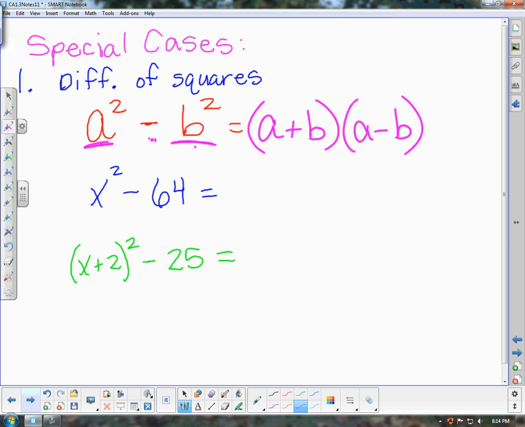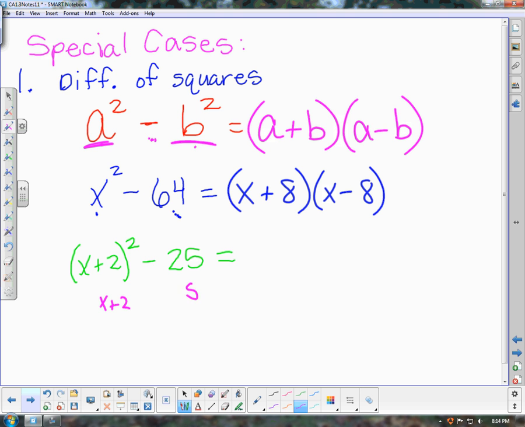And so for our examples here, x squared minus 64, since it's subtraction and those are both perfect squares, the square root of x squared is x. The square root of 64 is 8. So you can have one that's x plus 8, and the other is x minus 8. Even looking at this next example, this is a perfect square. The square root of that is x plus 2.